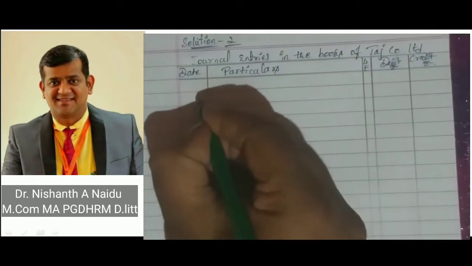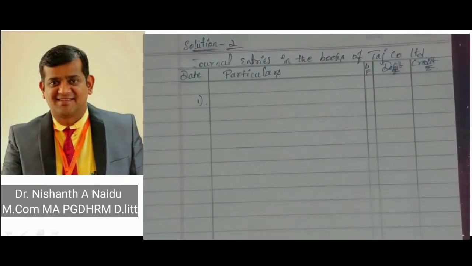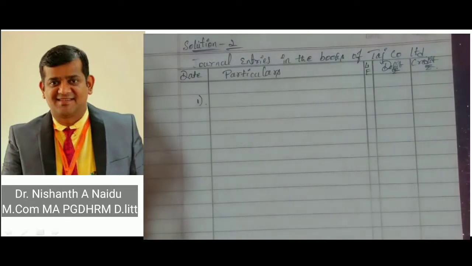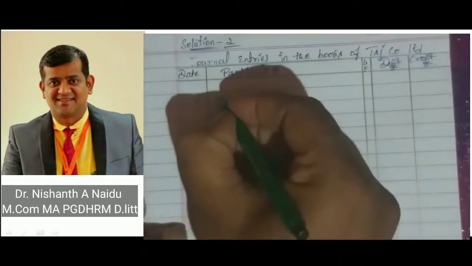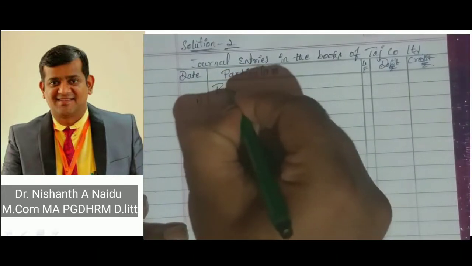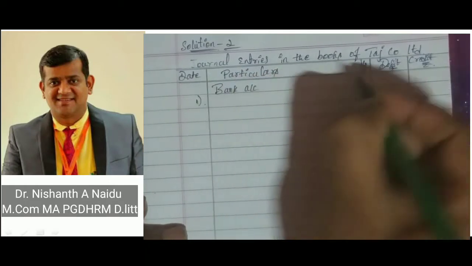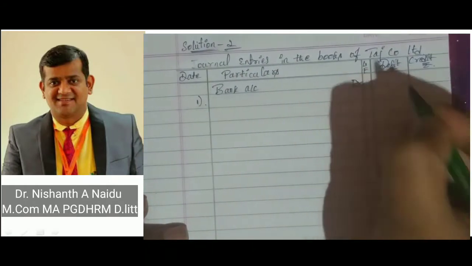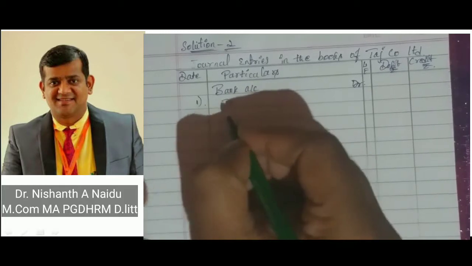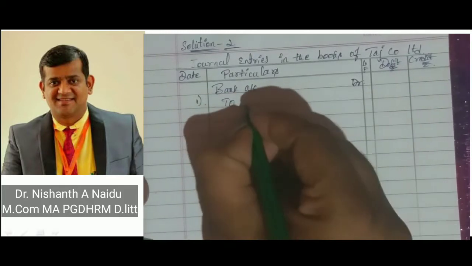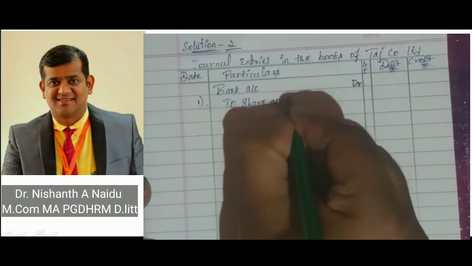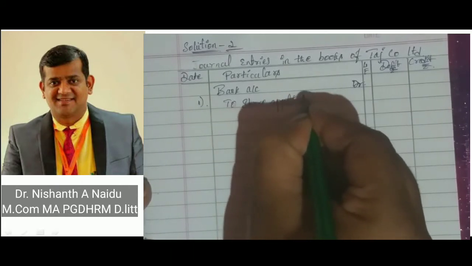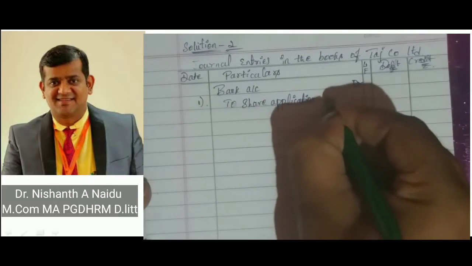So let us pass the first journal entry. As I already told you, the first entry is usually a receive entry. A receive entry always starts with, yes, what? Bank account debtor. To which money we are receiving? To share application account. Bank account debtor to share application account.